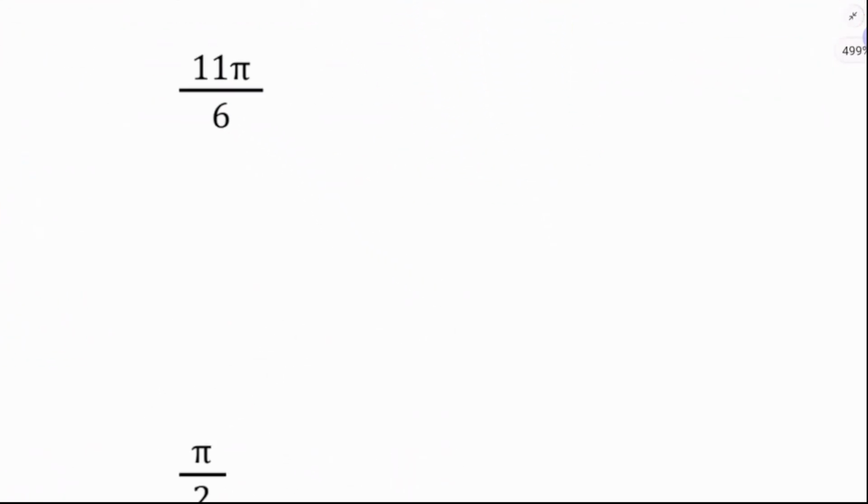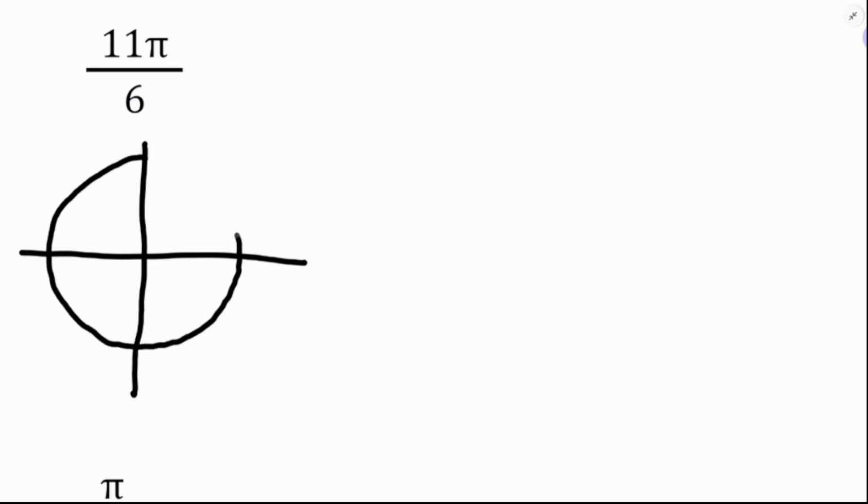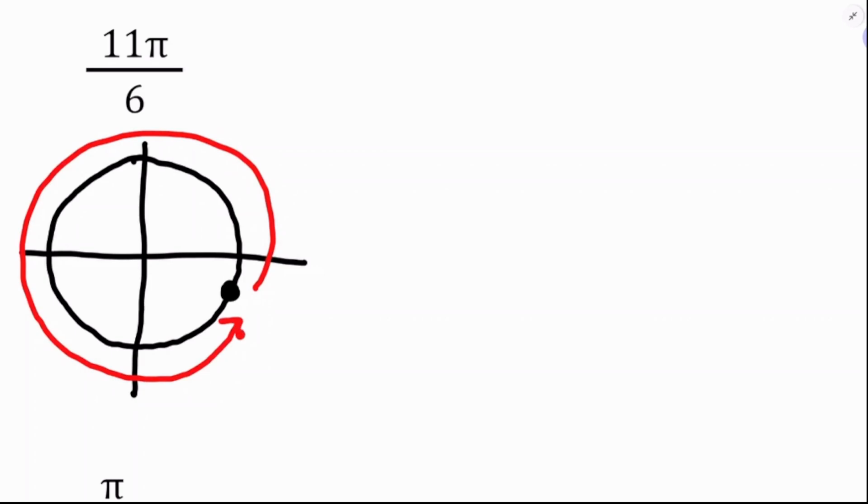All right, 11 pi over 6. That's almost all the way to 2 pi. It's the last stop before 2 pi. So that's over here. If I were to go a whole other time around the circle, so this one should be really close to 4 pi, right?